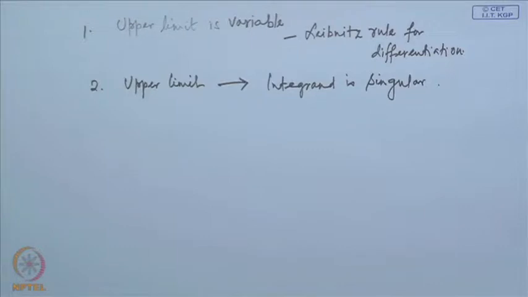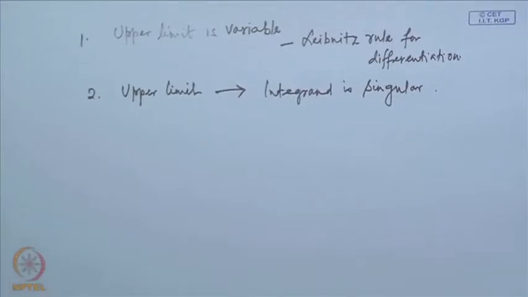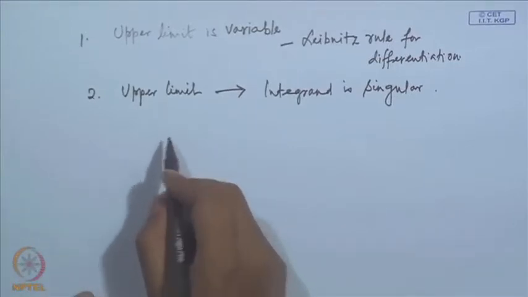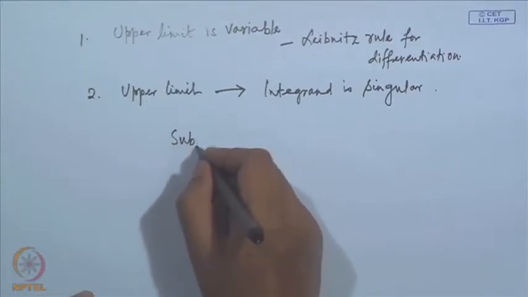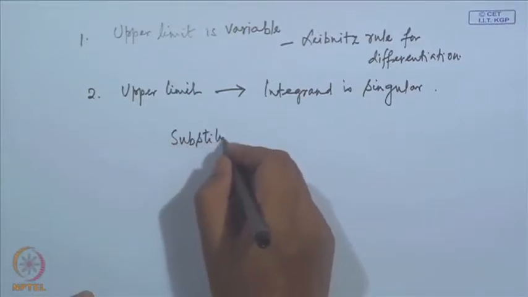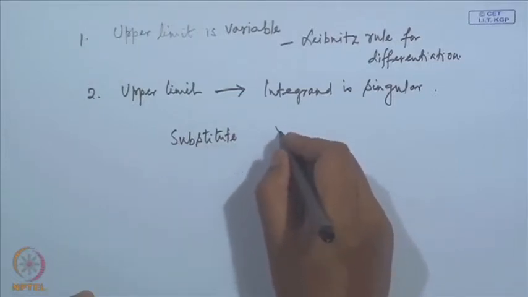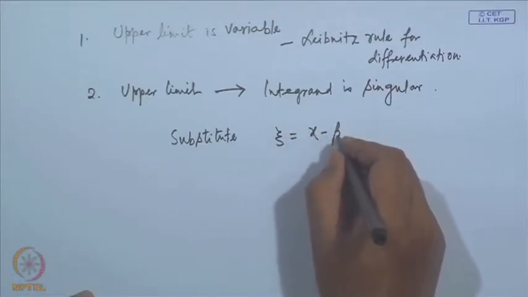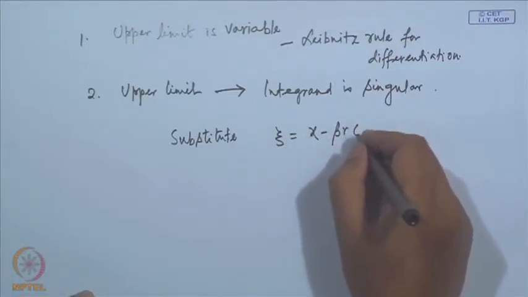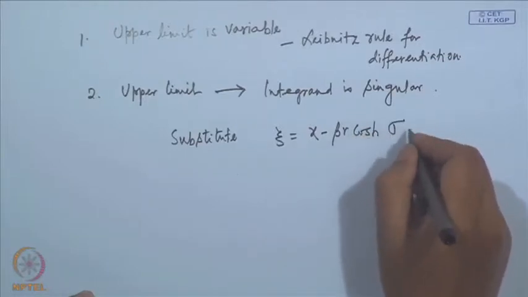However, in this particular case integration can be carried out by a substitution. Substitute xi equal to x minus beta r cos hyperbolic sigma.